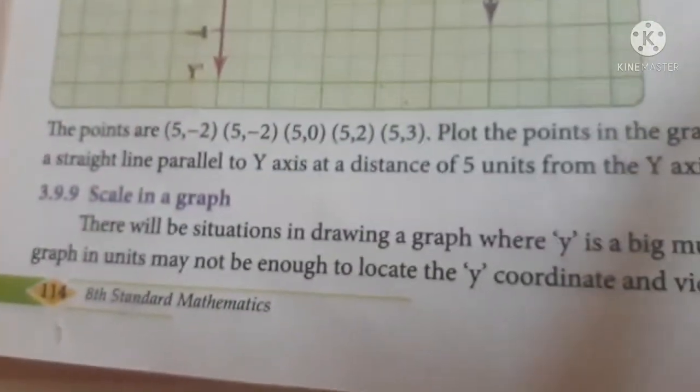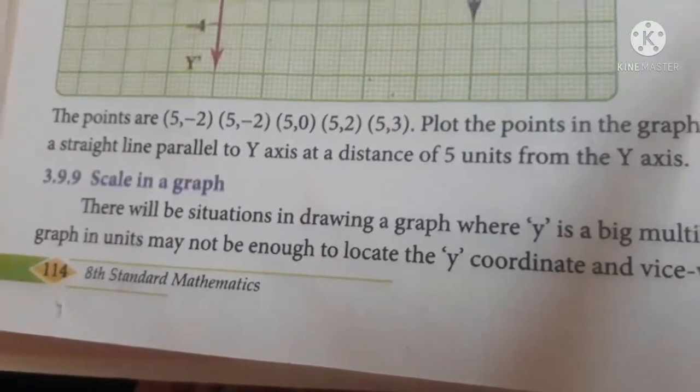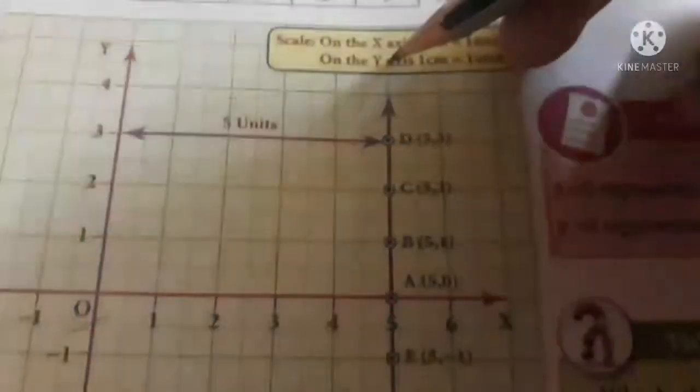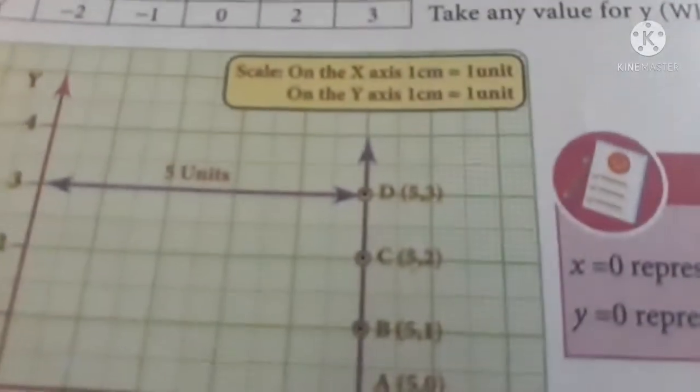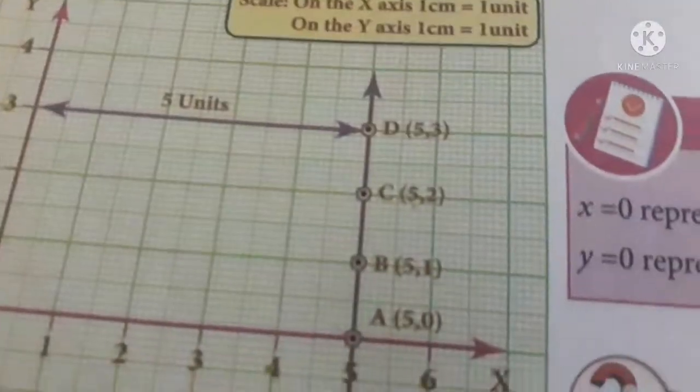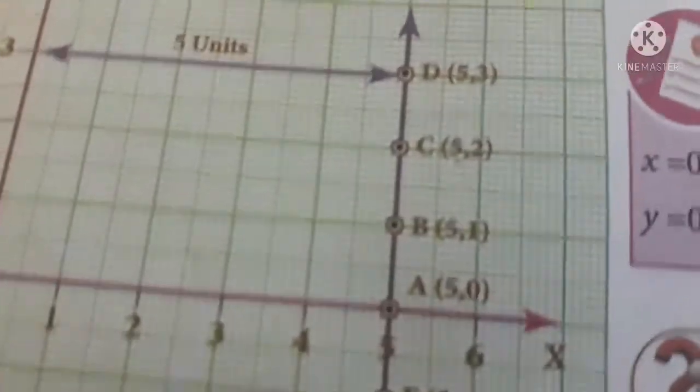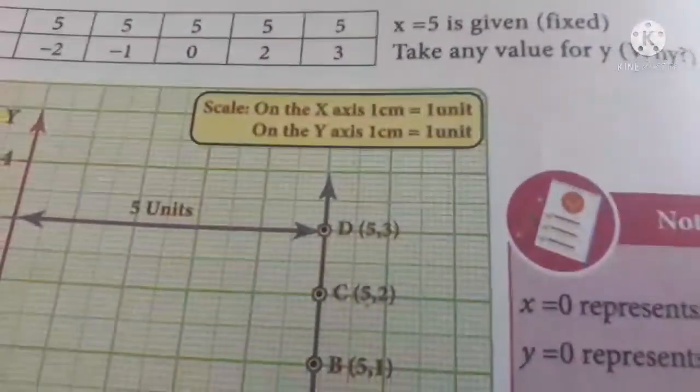Now, what is this scale in a graph? Above the graph you will be writing a thing called a scale. It is not that you should take only 1 centimeter equal to 1 unit. You can take 1 centimeter equal to 2 units, 1 centimeter equal to 5 units, 1 centimeter equal to 100 units, 1 centimeter equal to 1000 units also you can take.